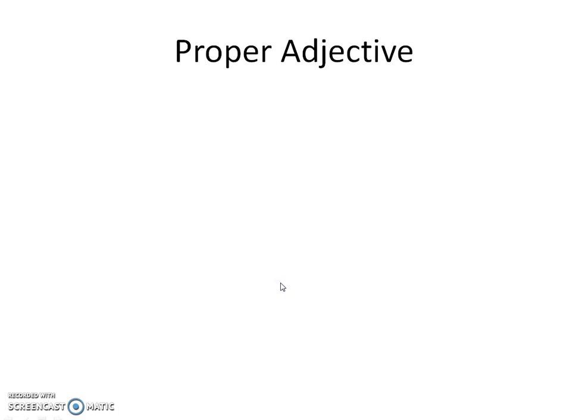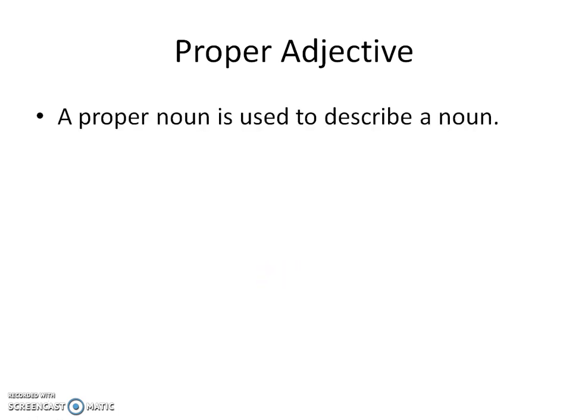Then the 4th type we have are proper adjectives. A proper adjective is when a proper noun is used to do the describing. For example, Nike is a proper noun. It's a type of shoe. So by itself, I could say I have a new pair of Nikes. Or new Nikes. Or Coker bought some Nikes. That would just be a noun.